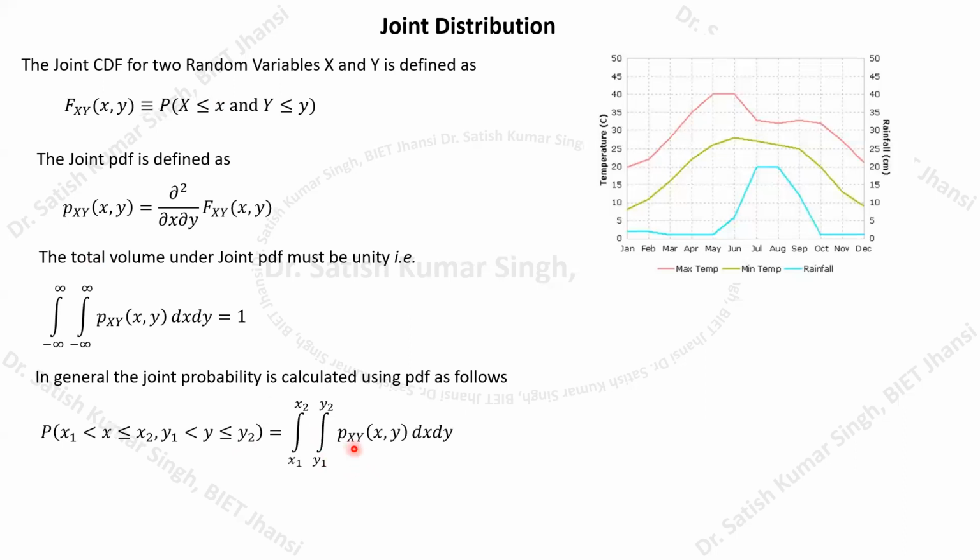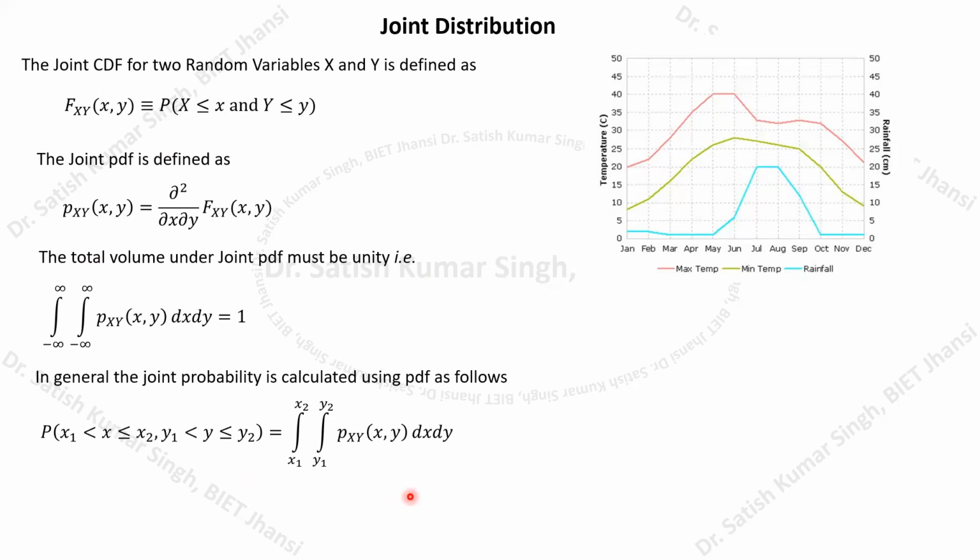It must be integrated over the limits x1 to x2 and y1 to y2, and this integration will give us this probability. So this way we can calculate any probability.